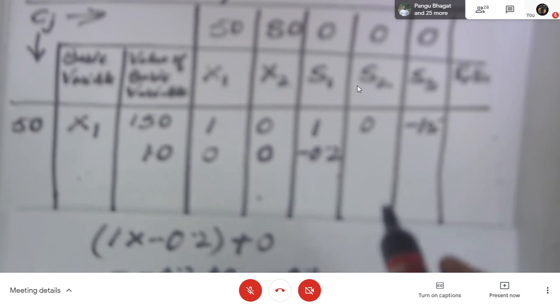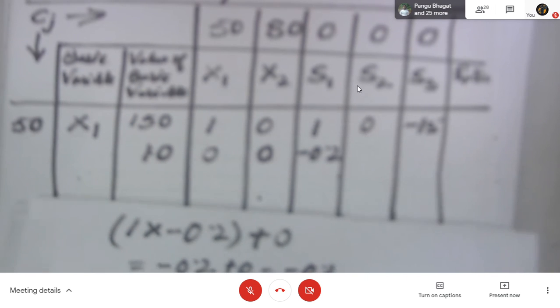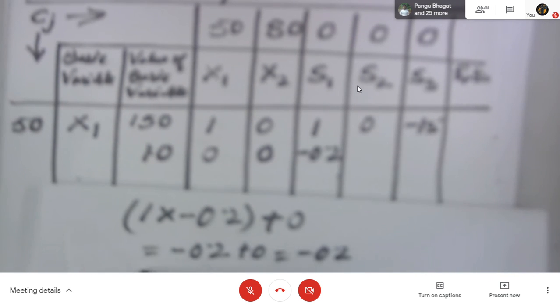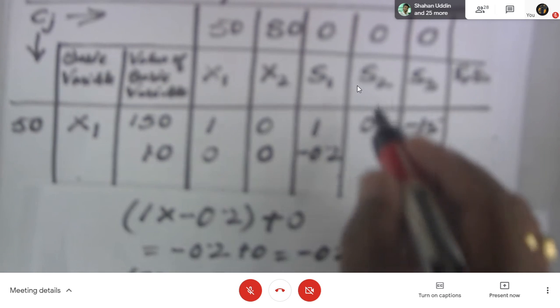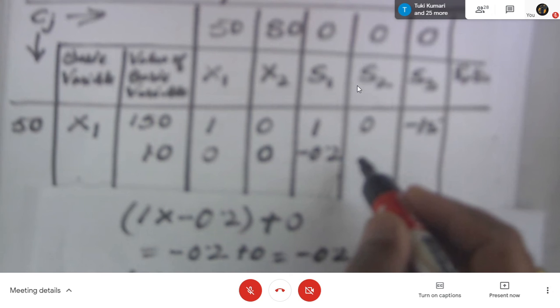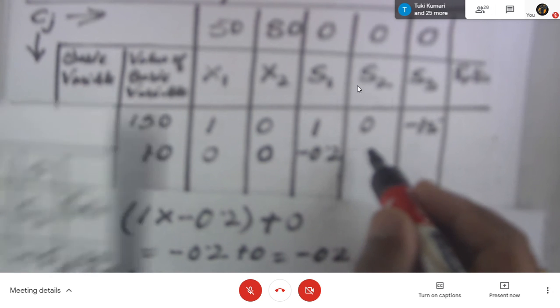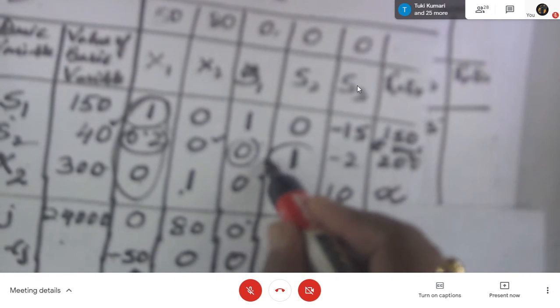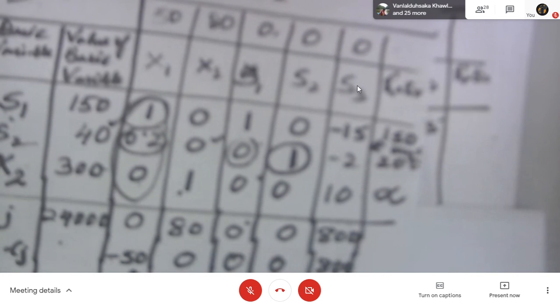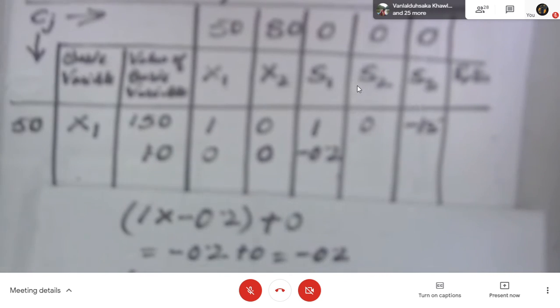All right, and the next one is 0 into minus 0.2, and what was the value out here? The value out here S2 was, the S2 value is 1. So I add this value out here, plus 1, which is equal to 0 into minus 0.2 is 0, plus 1, which means 1.